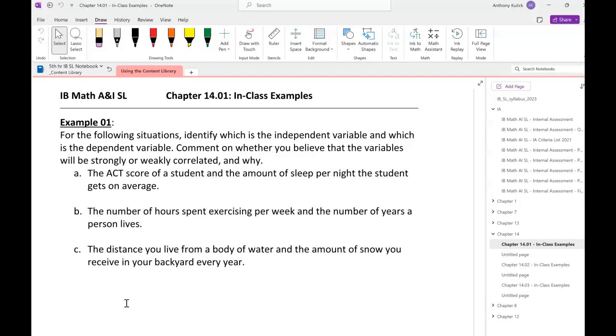The years the person lives is the dependent, so the exercise is the independent. Okay. What kind of level of correlation do you think? Positive. Okay, sure. And then do you think strong or weak? Pretty strong. Is it infinitely strong? No. Why not? I mean, that's all you do.